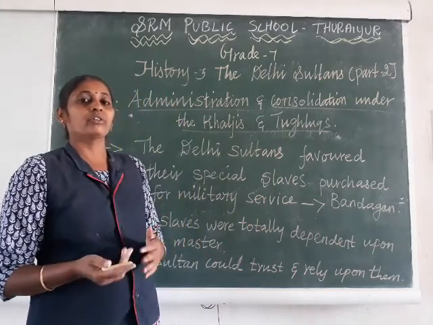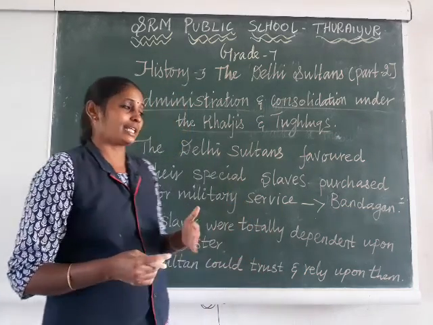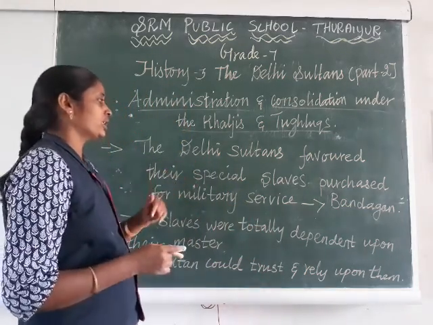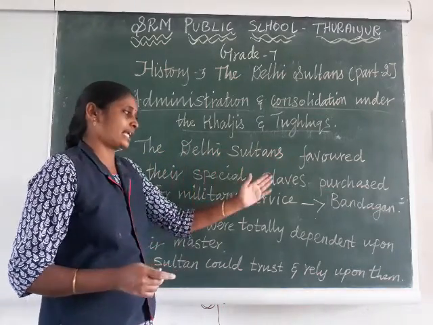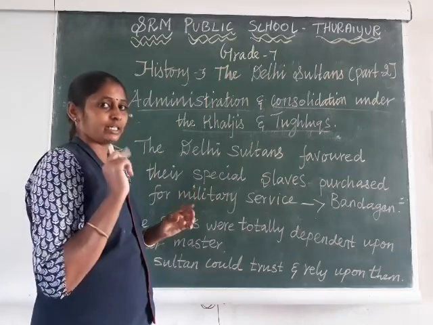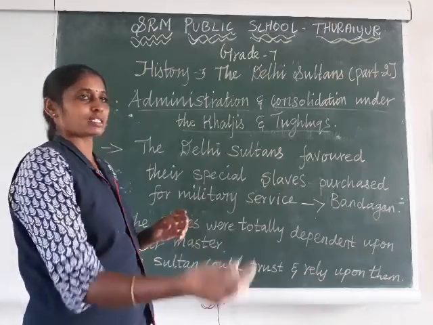Instead, they were ready to give postings to their trained slaves. The Delhi Sultans favored their special slaves, particularly Iltutmish. He was the starter. You know very well, Iltutmish was also a slave.